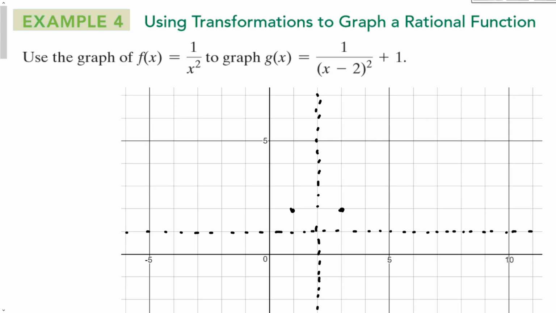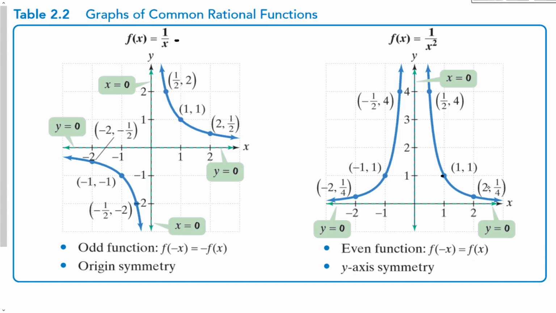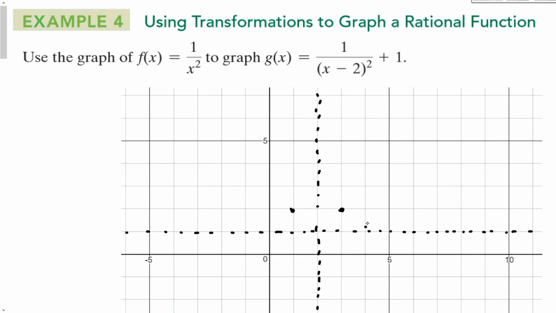We can also take the other points of the parent function. If I go right 1, I go up 1 from the origin point; right 2, up a quarter. I would just go like that.